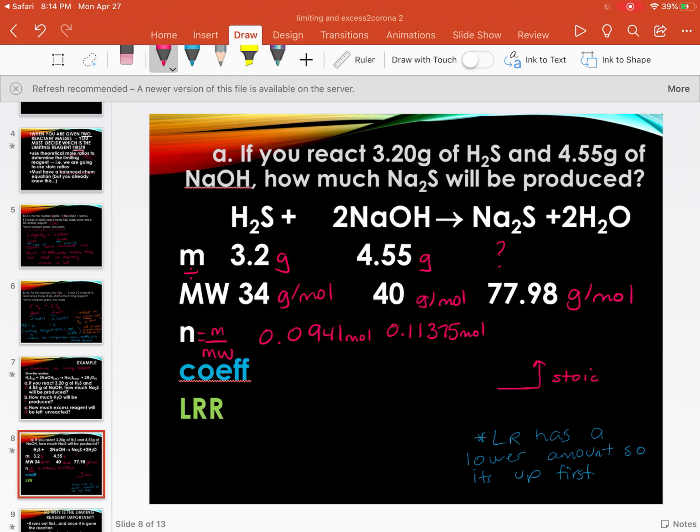But if they don't have the same coefficient, you can't just do the two steps we've done so far and that's it, okay? So we need to take into account what's its coefficient. So if you want, you can write down the coefficient to draw your attention to it, and then for the limiting reagent ratio, you just divide by the coefficient.